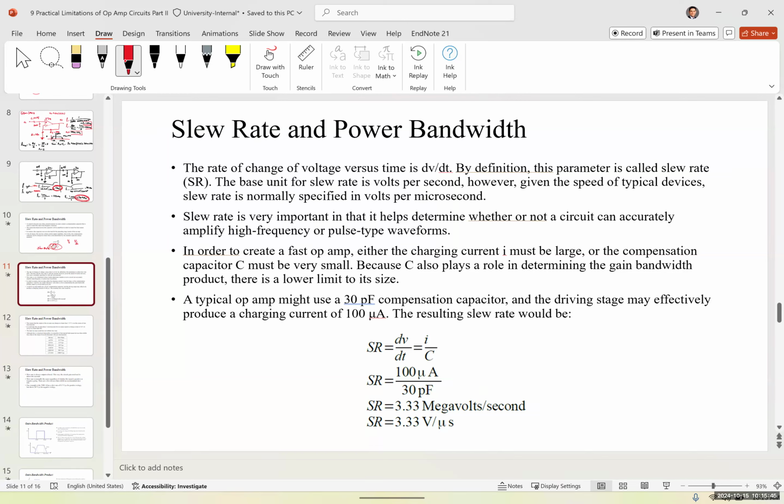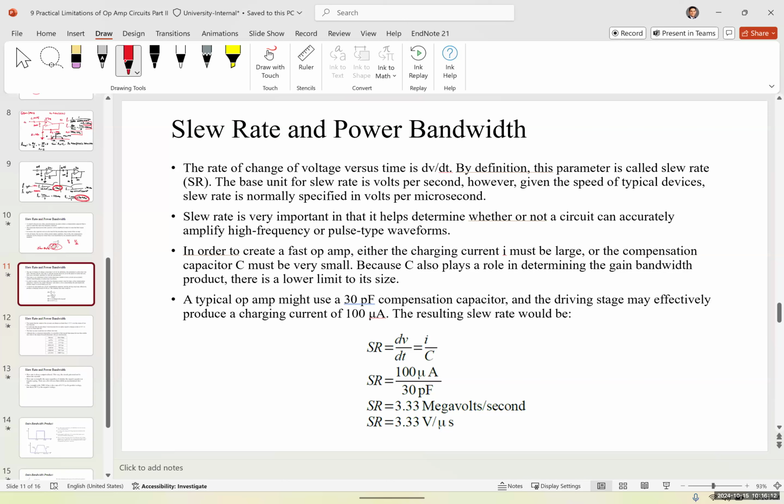whether we need a high-speed op-amp or a lower-speed op-amp, which is completely determined by the slew rate. Sometimes this slew rate limits our frequency response.